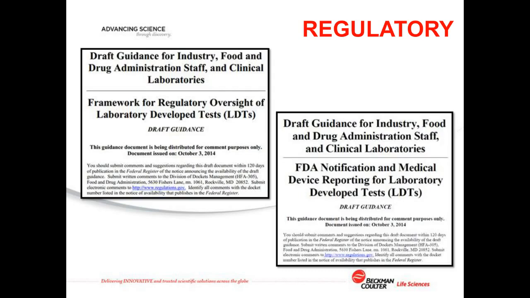Generally speaking, any test you do would be assigned a risk category, and the higher the risk category, the higher the regulatory burden, such that for a particularly high-risk test, your regulatory burden would approach the level that vendors who have to develop in vitro diagnostics currently have to have.